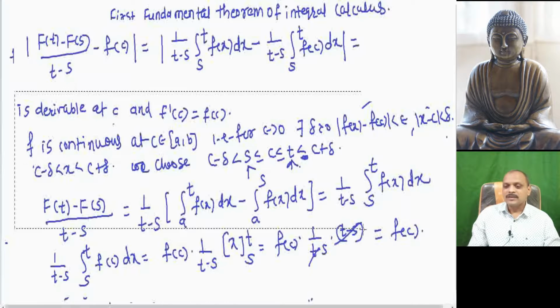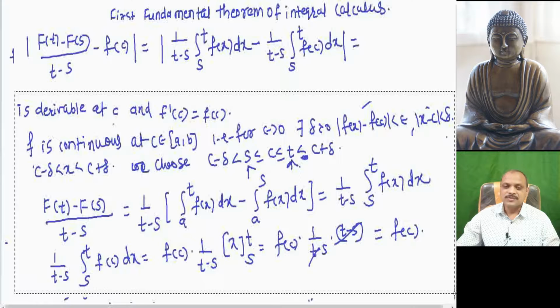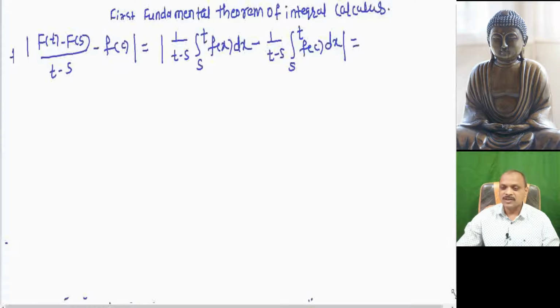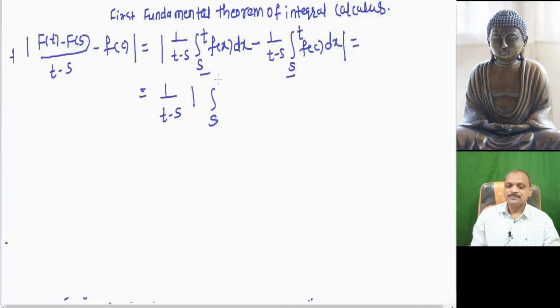Okay, now see the terms which we can take common. Out of this modulus, t is greater than s and t minus s is positive, therefore we write it as 1 divided by t minus s into mod of integration.